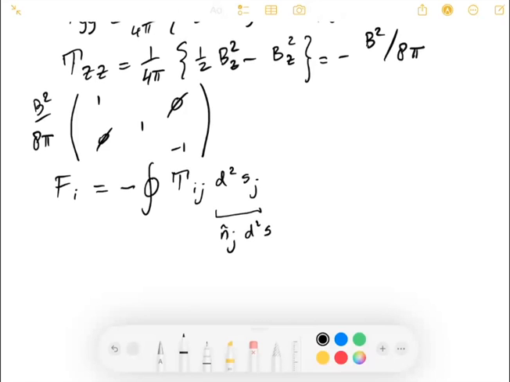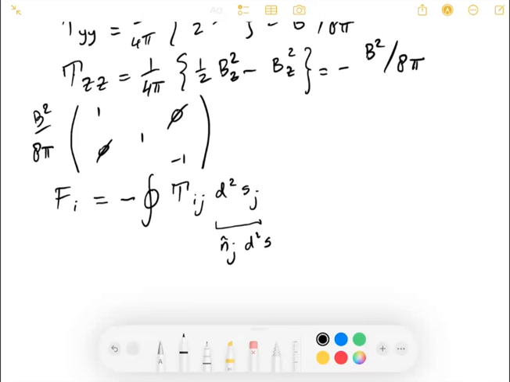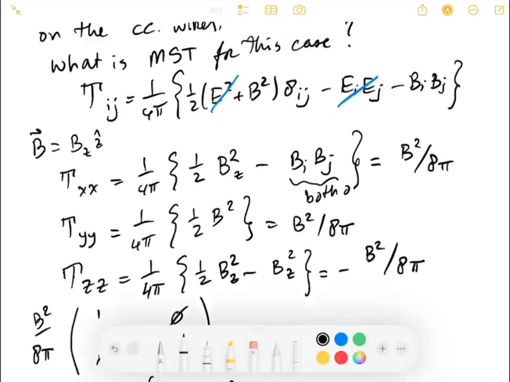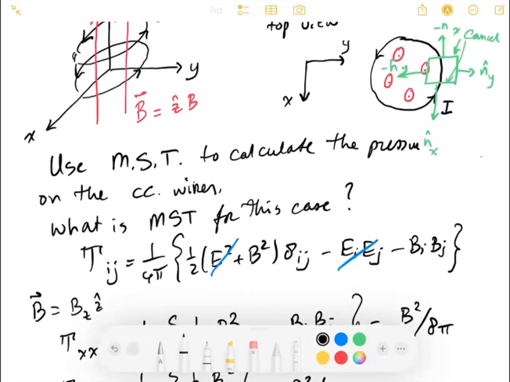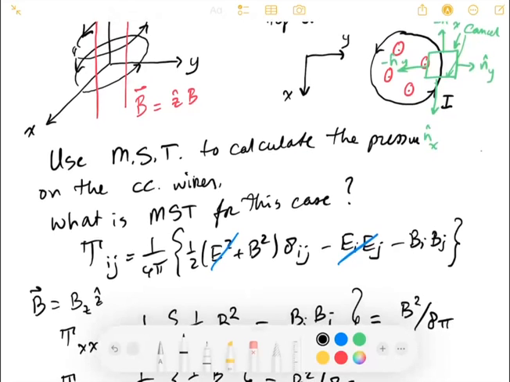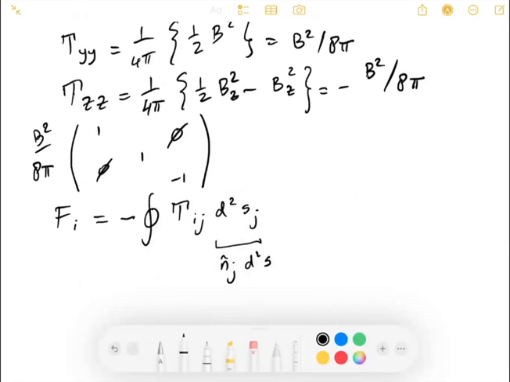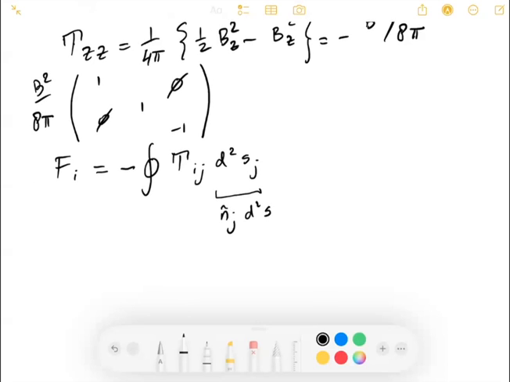All right. For the left face and the right face of this box, the normal is pointing in the y direction. Because the normal is pointing in the y direction, we need to look at the y component of the stress tensor.